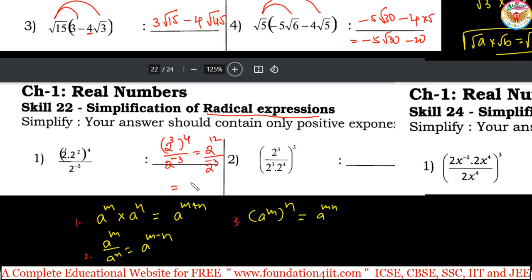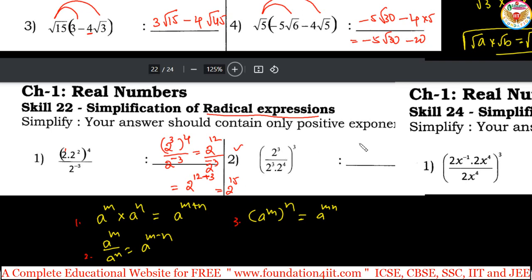Again the second formula: numerator power is 12, denominator power is minus 3. Numerator power minus denominator power: 12 minus minus 3, so minus minus becomes plus 3. Finally 2 to the power 15 it is. Okay, simplifying that way.